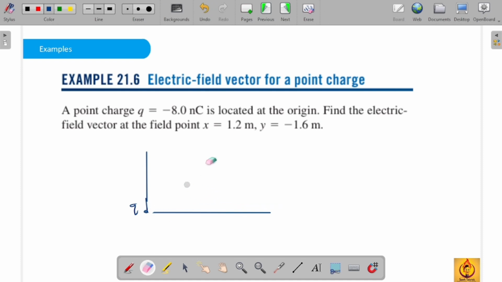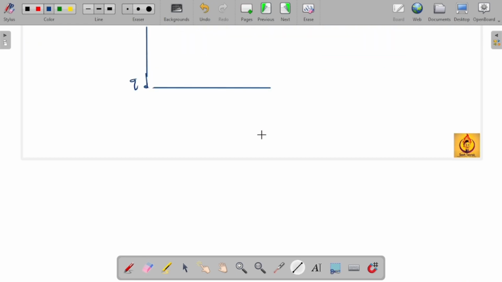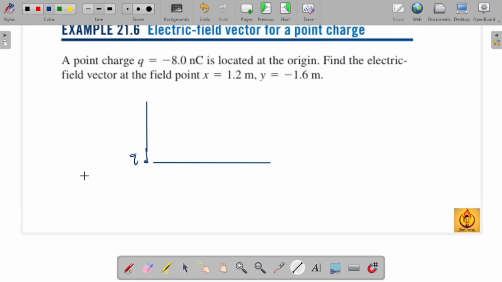One of the components is negative. So that's downwards, right? Yes. Okay, and then we have negative 1.6 and then positive 1.2.